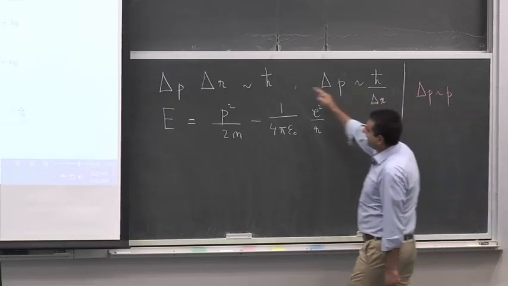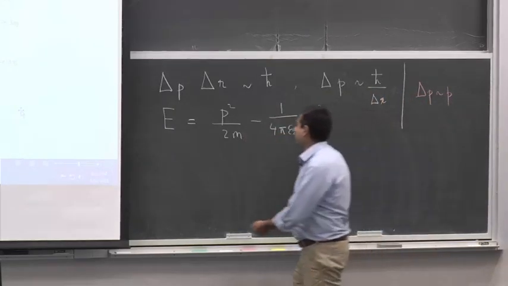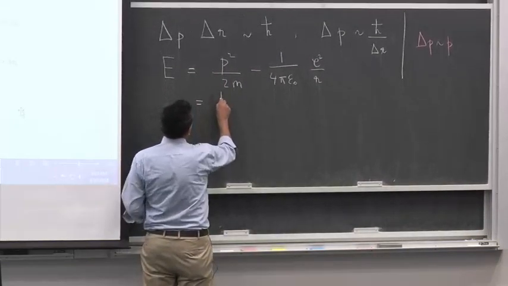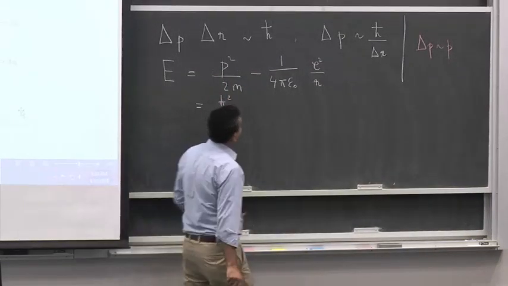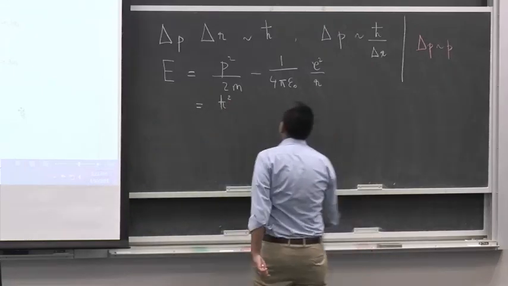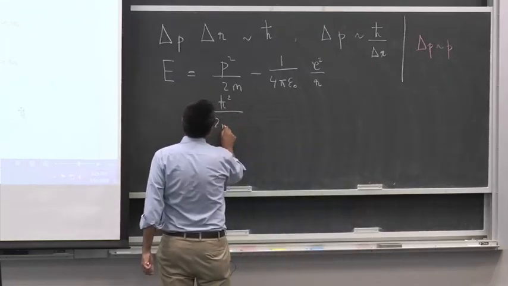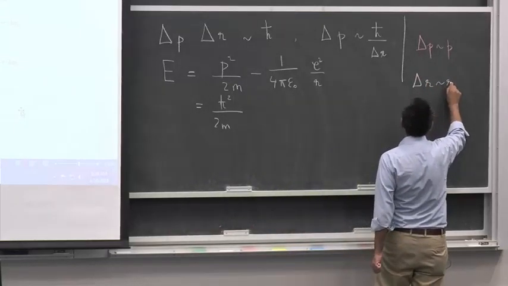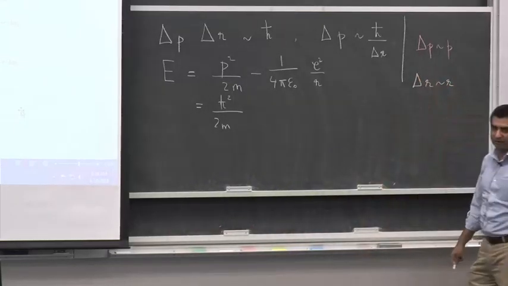So if I insert this value in here, I would obtain h bar square over 2m, and I replace delta R by R. This also makes sense by the same argument.